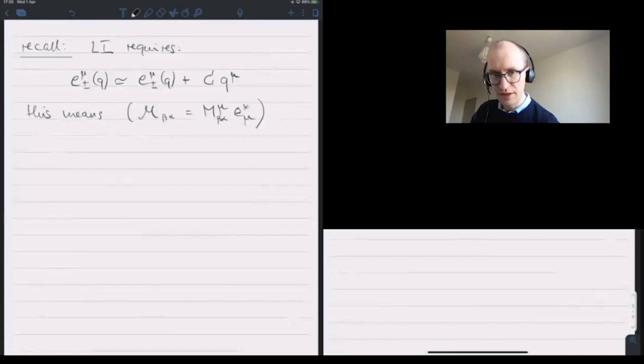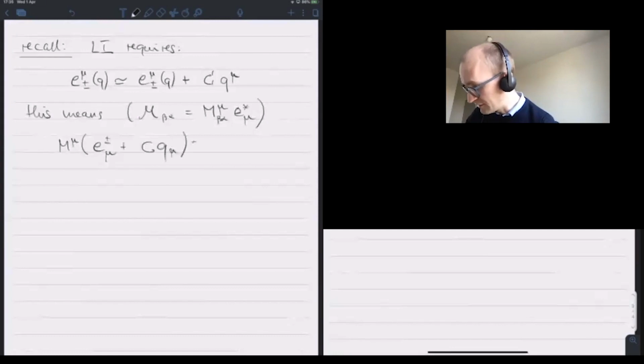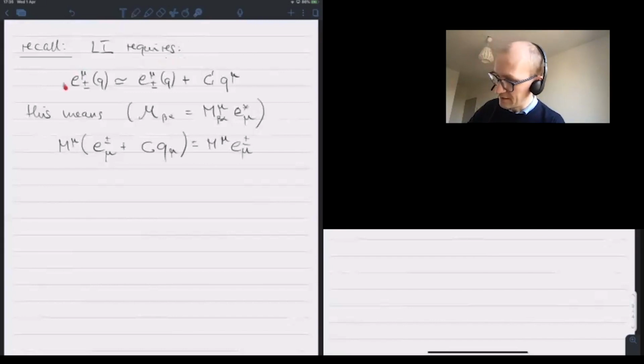So in this context, it means that M mu, some general matrix element, let's forget about the labels alpha, beta, that's not necessary for this argument, so that this contracted into E mu plus C times Q mu has to give us the same answer as just the E mu plus minus before the shift, because after all, we're requiring that this kind of shift has no effect on physical processes, and so therefore the amplitude must satisfy this equation.